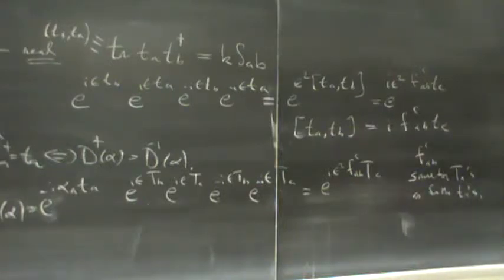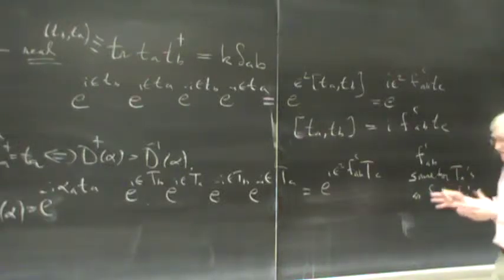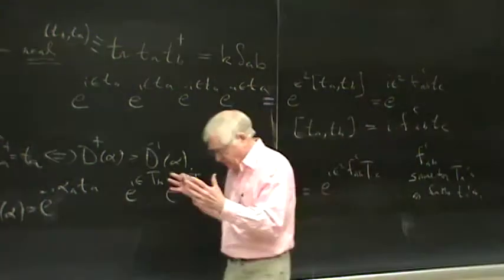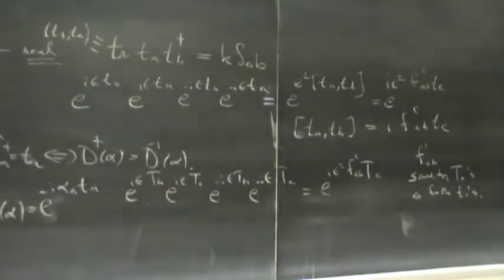The structure constants are representation independent, and the reason is that the representations represent the group multiplication, and we've adopted this exponential parametrization of everything.